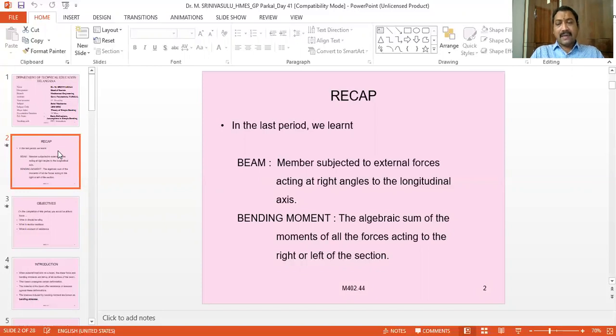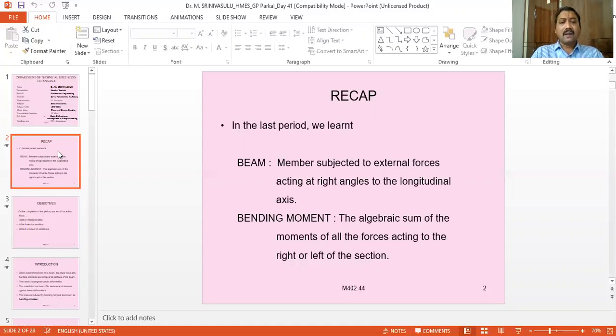And then what is the bending moment? The bending moment is nothing but the algebraic sum of the moments of all the forces about any point in the plane of the beam, either to the left of the section or to the right of the section.